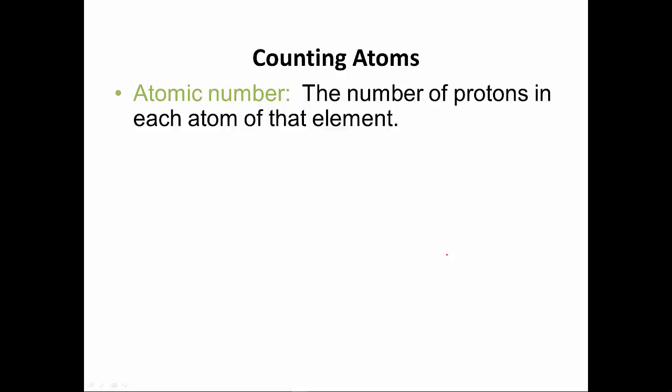So when we say that the number of protons defines the element, we also say the atomic number defines the element. As another example, if we look at carbon on your periodic table, you would find that carbon has an atomic number of 6, which means that it has 6 protons as well.